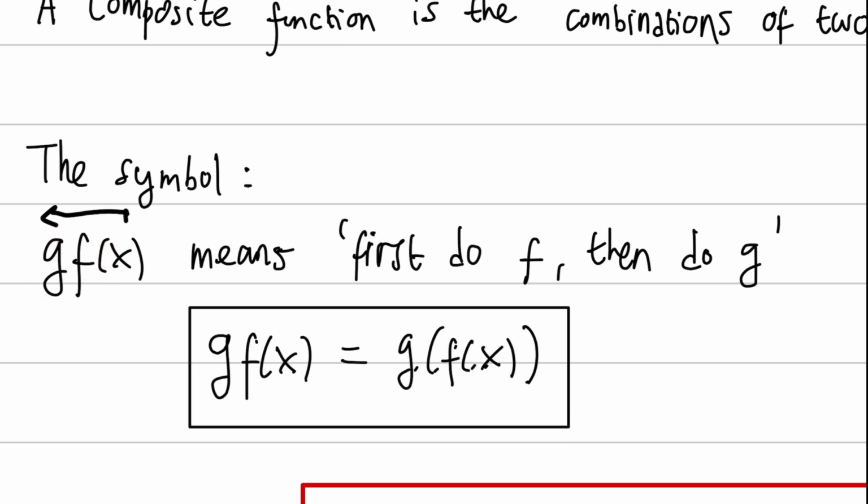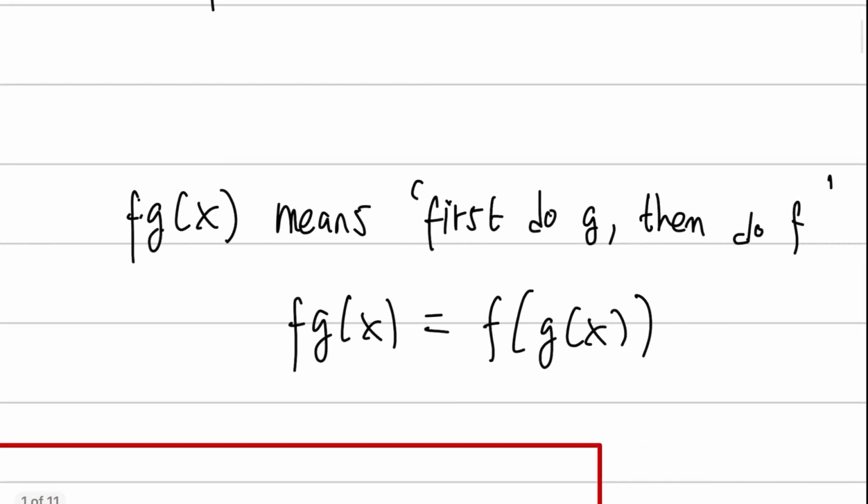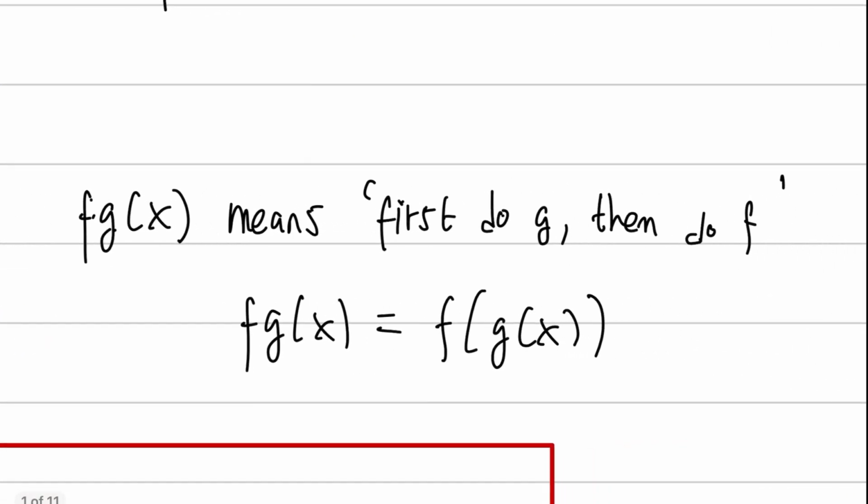We can summarize gf(x) as g in the bracket f(x). We find f(x) and then we put it into g. fg(x) does the opposite, meaning that we do g first then f. The symbol fg(x) equals f in the bracket g(x).